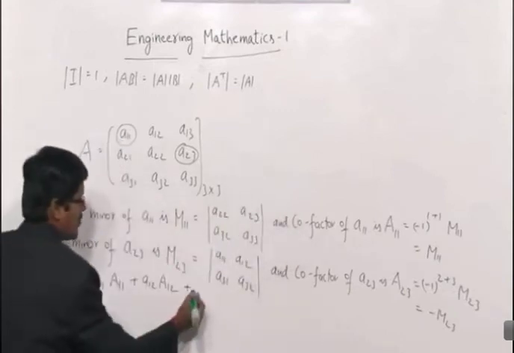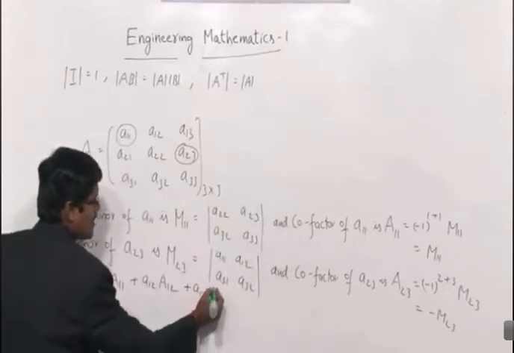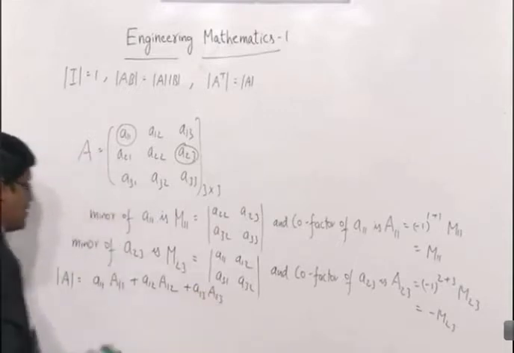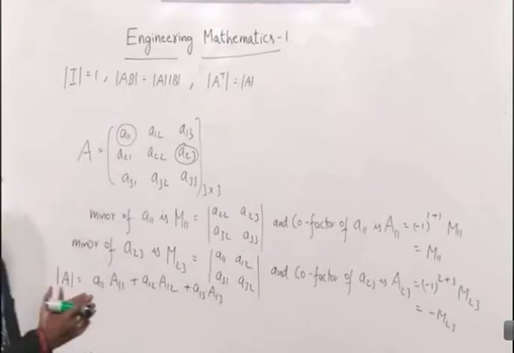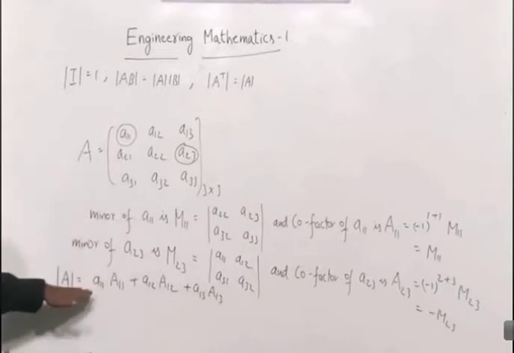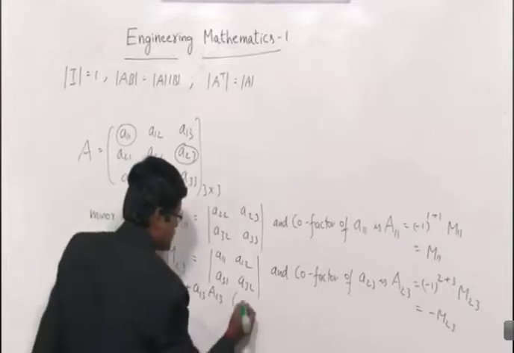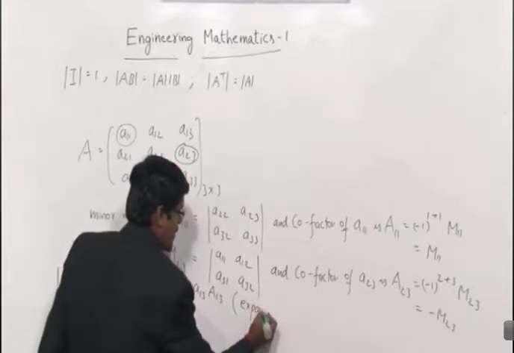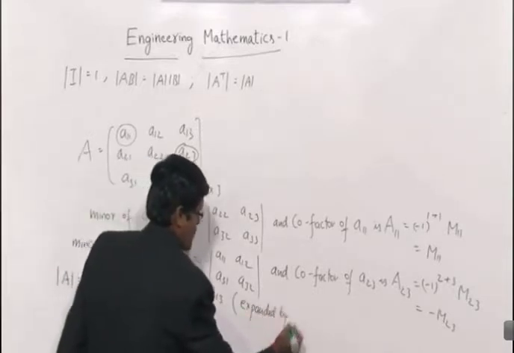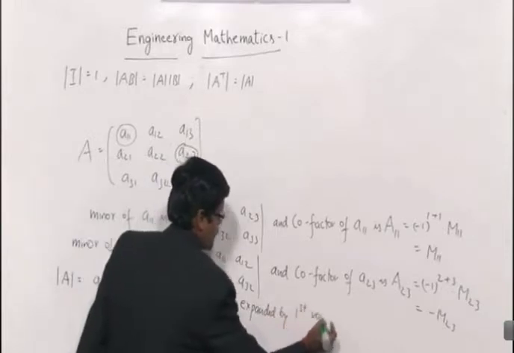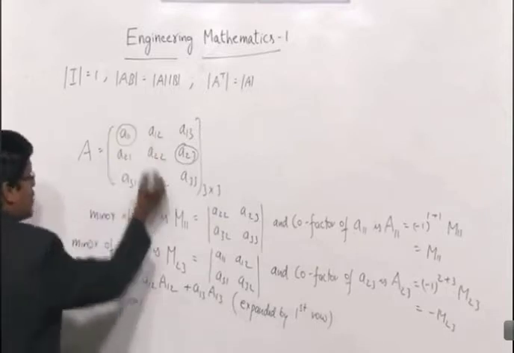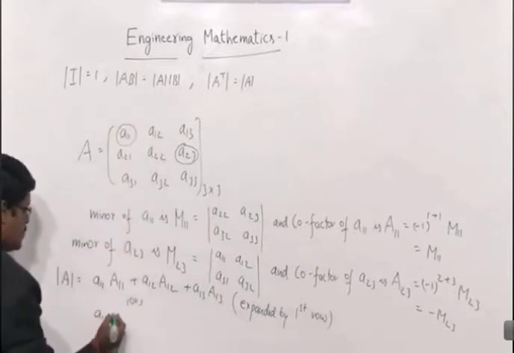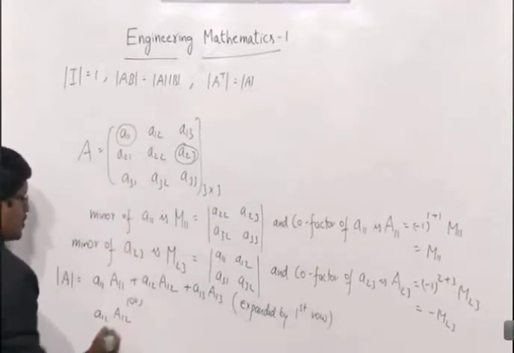The last element in the first row is A13, multiplied by its cofactor A13. That is, each element is multiplied by its cofactor and then added. This value is a number, and it is called determinant A. So this is expanded by the first row.